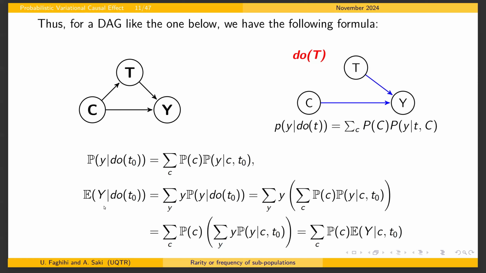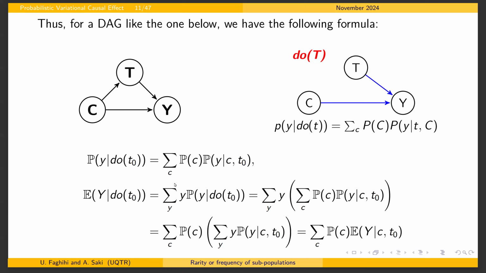Now if I write the expected value, or the mean value, of Y given do T0, which is fixed, I will have the summation of Y multiplied by probability of Y given do T0 and C, right?